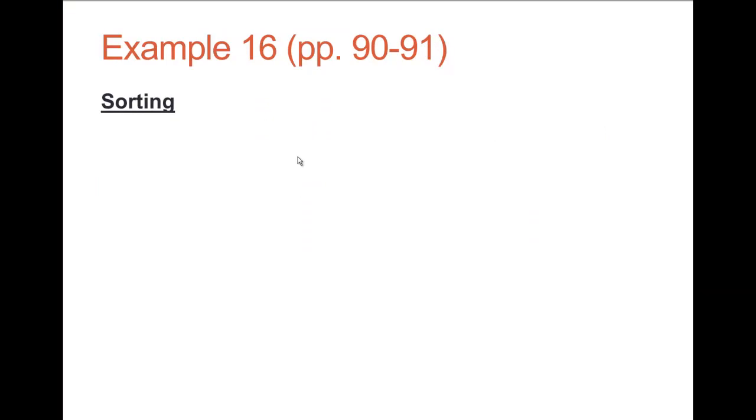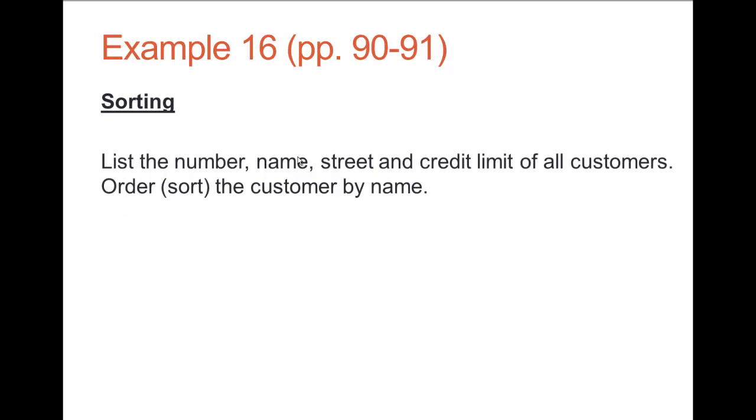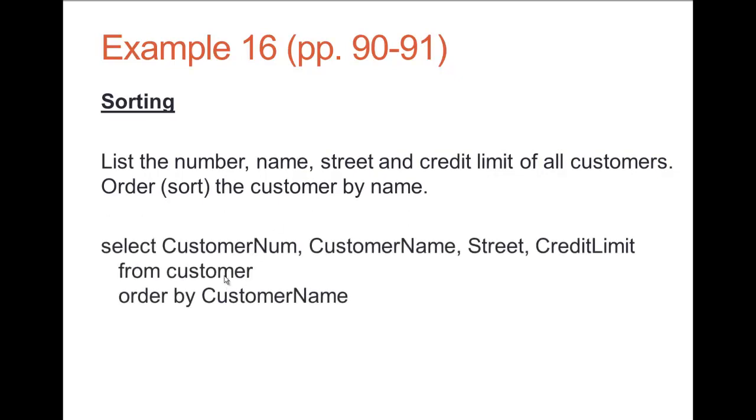Example 16 introduces the sorting capabilities within SQL. We want to list the number, name, street, and credit limit of all customers. Order or sort the customers by name. Now, you might think that the command you want to use is SORT BY, but notice that in SQL it's ORDER BY. So the select statement starts off just the same.